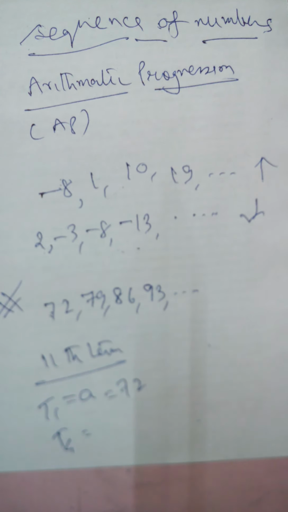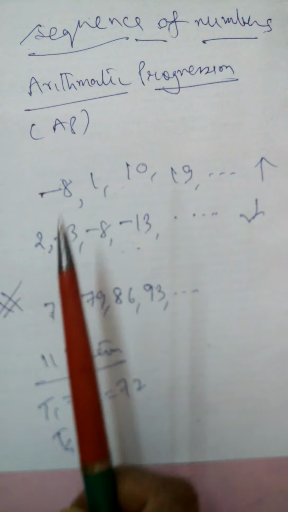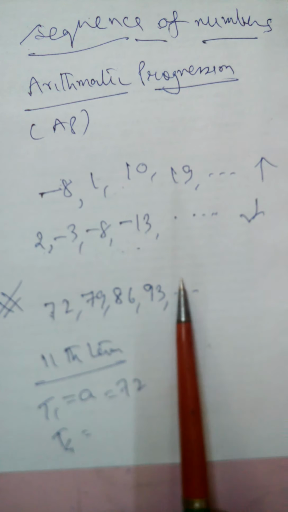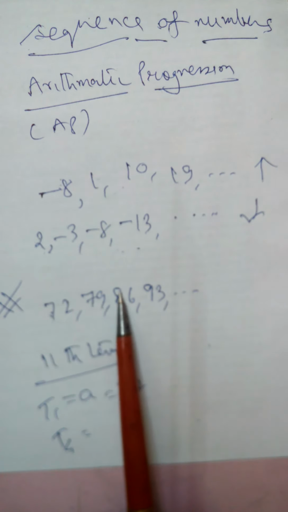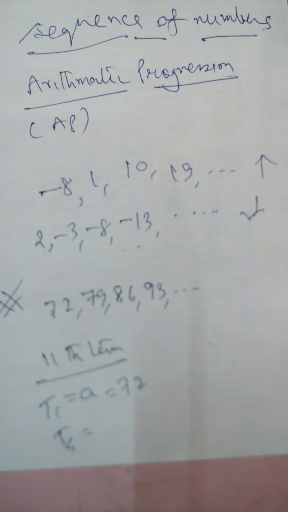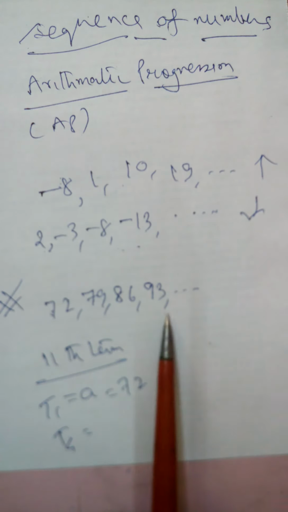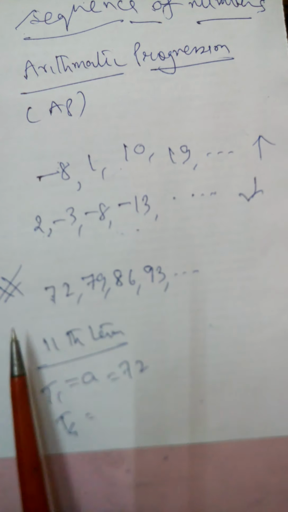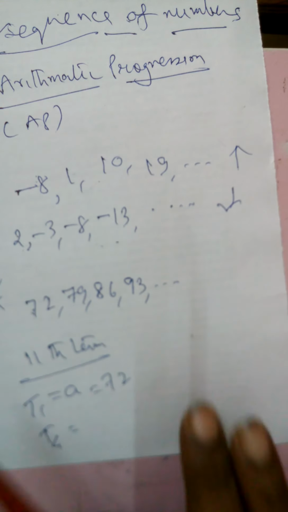To reach any term, fifth, seventh, whatever, there will be one less gap, because first term, second term, third term, fourth term: 1 gap, 2 gaps, 3 gaps. So for the fourth term we have 3 gaps, each of 7. Obviously 72 plus 21, because 7 into 3 gaps, so we get 72 plus 21 is 93. That is obvious from the given sequence.